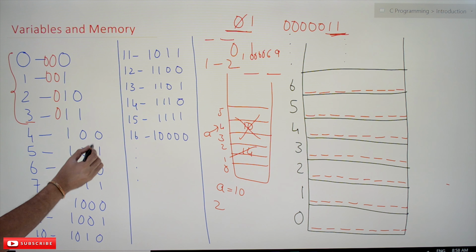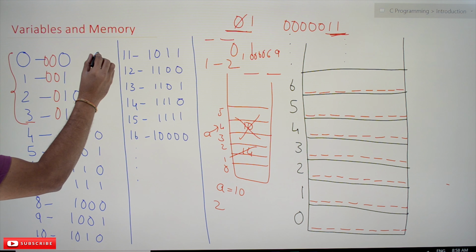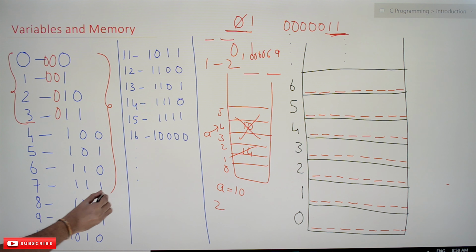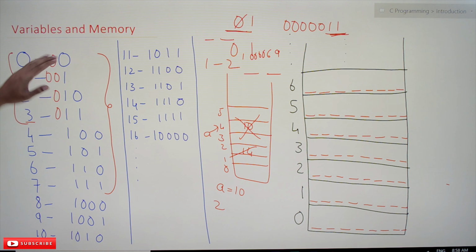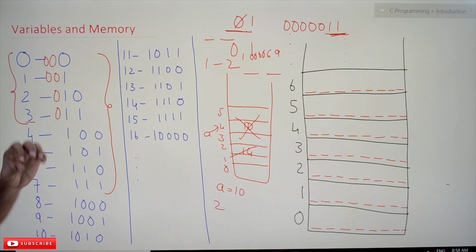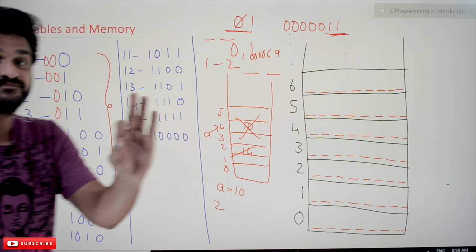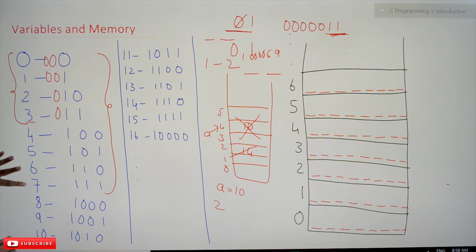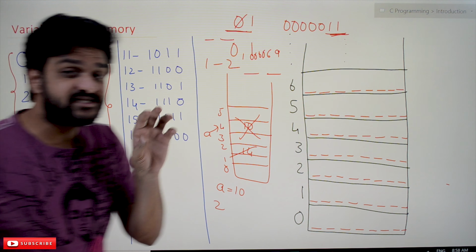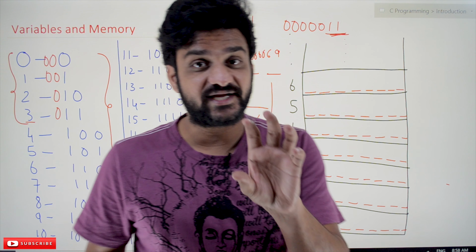With 3 bits, 8 decimal numbers can be represented, from 0 to 7: 0, 1, 2, 3, 4, 5, 6, 7.